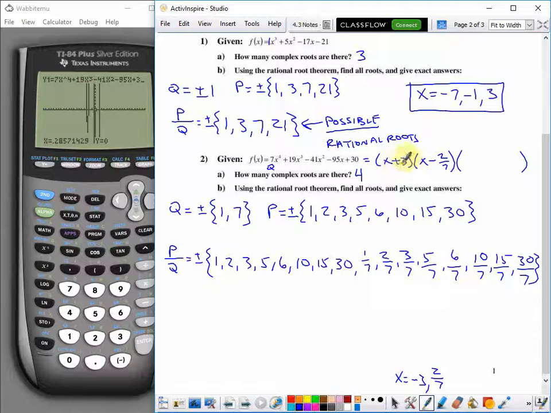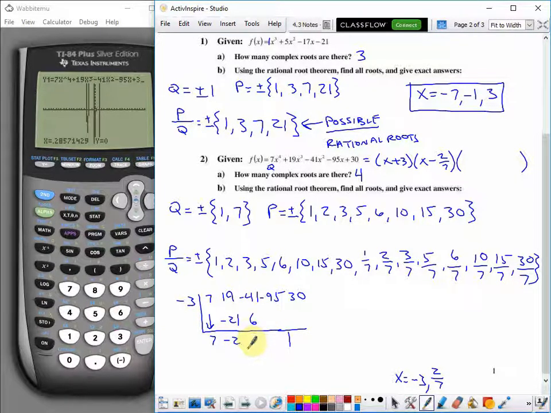So here's what I can do. My factor is x plus 3, so I can use that root, -3. And I've got 7, 19, -41, -95, and 30. So I can bring down the 7 and multiply. -21, add, -2, multiply, add.